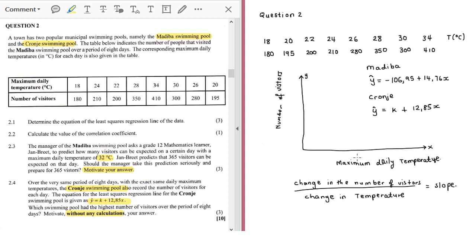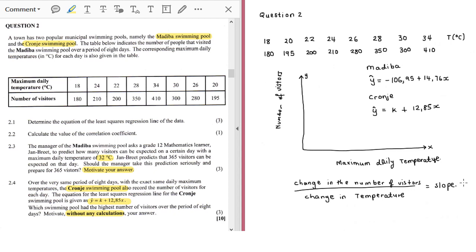Now, as we said, the one with the greater slope represents a greater rate of change. And specifically, what is this greater rate of change? Well, it's a greater number of people per change in temperature. Greater number of people basically means more visitors coming to your swimming pool.